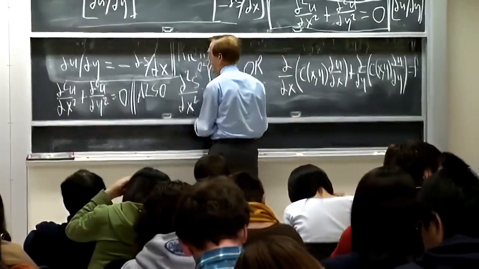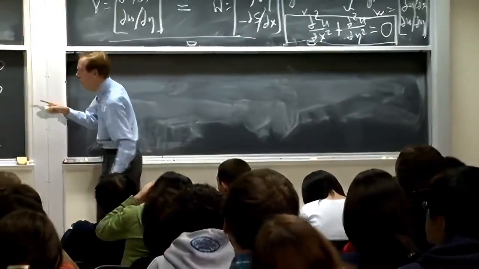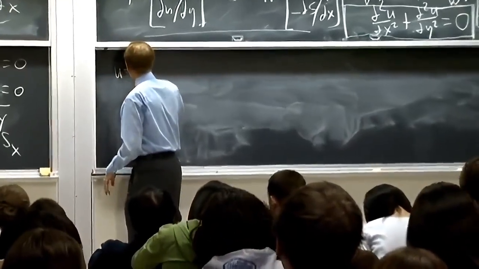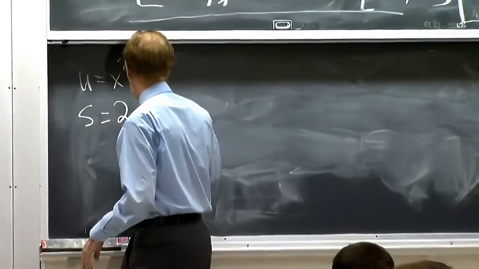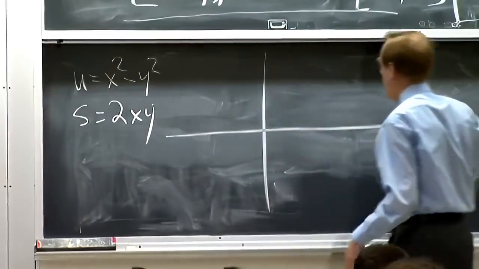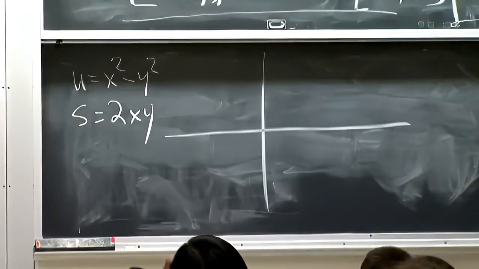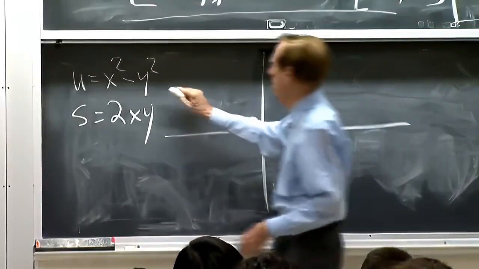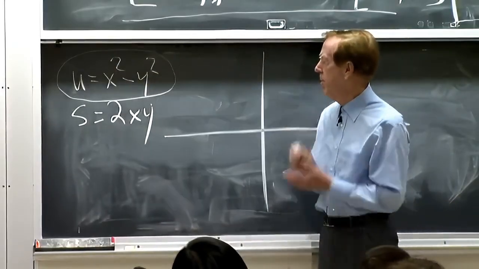Now I'm taking u to be x squared minus y squared, and s to be 2xy, and I want to draw the vector field of the gradients of those guys. So this is the u, this is the potential, x squared minus y squared.